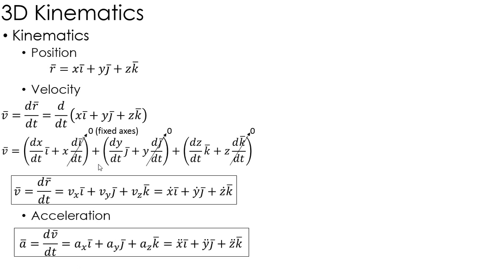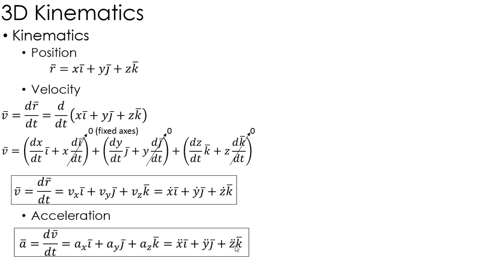Same thing goes for acceleration. Notice here I've got two dots because it's the second time derivative of the position. So it's x double dot, y double dot, z double dot, the second order derivative with respect to time. So that is the most general case for rectangular coordinates kinematics.